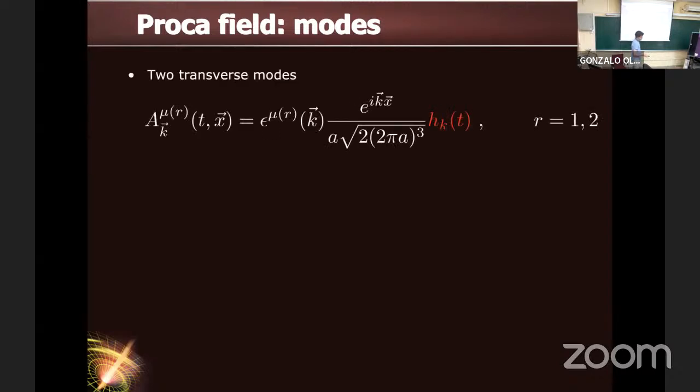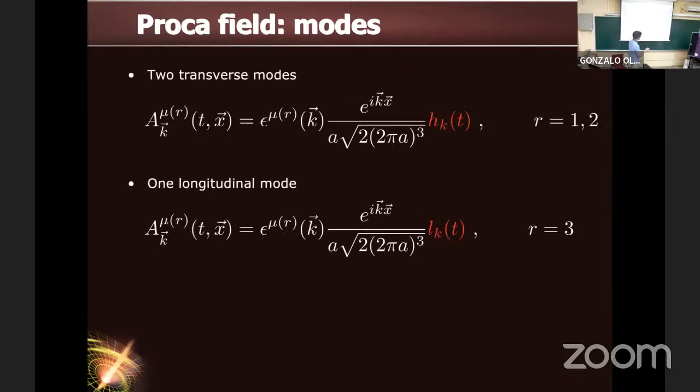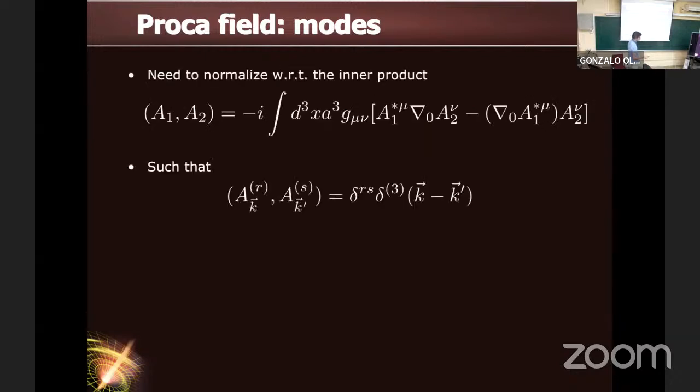Okay, so we express the two polarization vectors, the two polarization modes, in this way. This will be clear shortly, and we now have one H function for the transverse modes and one L function for the longitudinal ones, for the only longitudinal ones. Okay.